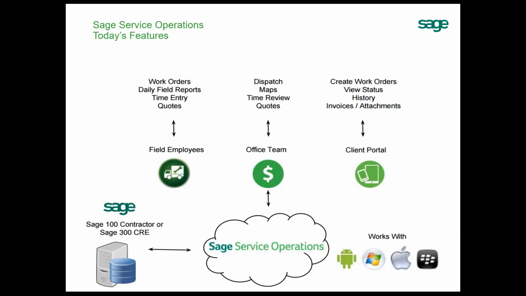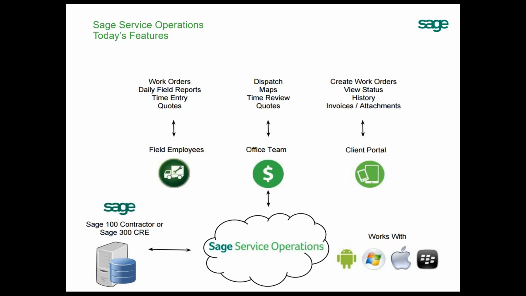Time entry is catered to your crews in the field. Let's say you have a foreman working on a construction project and they need to enter their 8 hours of labor for themselves and or for their entire crew. They can do that. They can identify the cost code and save their time, and that populates back into the system.